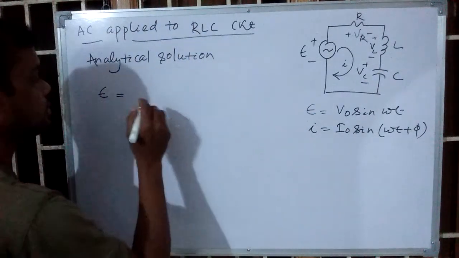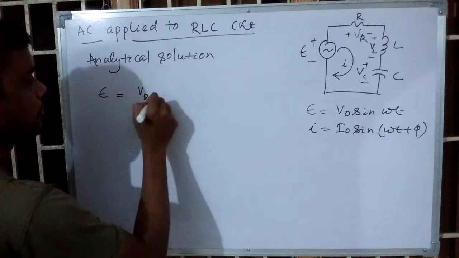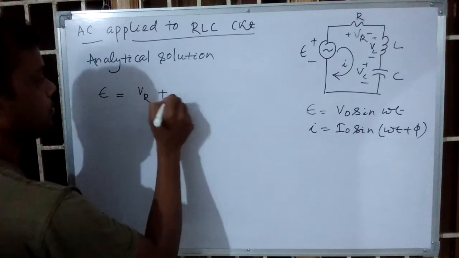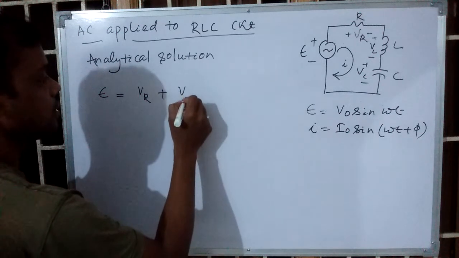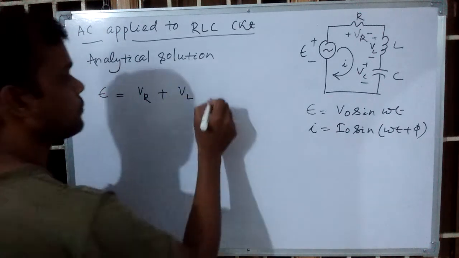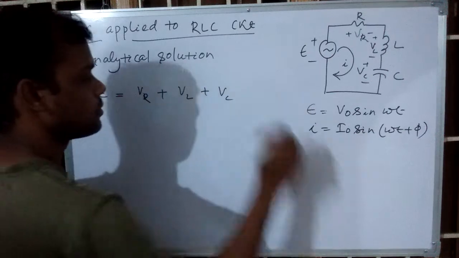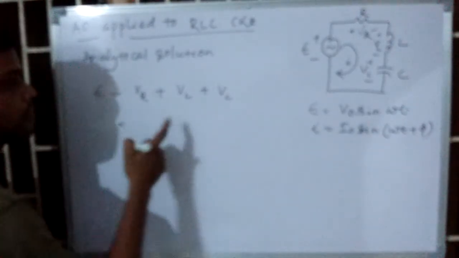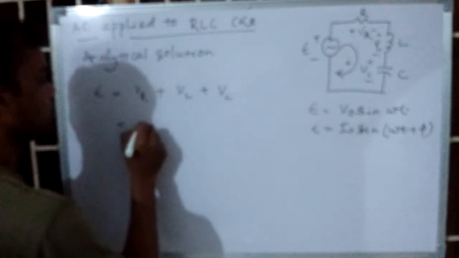So epsilon is equal to VR plus VL plus VC. These are all magnitudes. Now, what is the value of VR? IR.